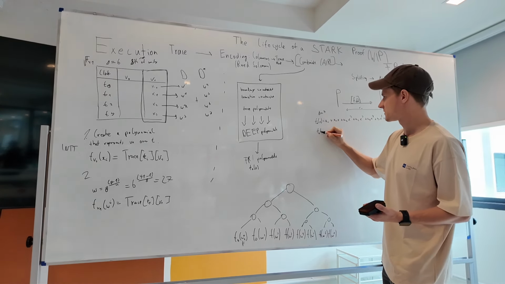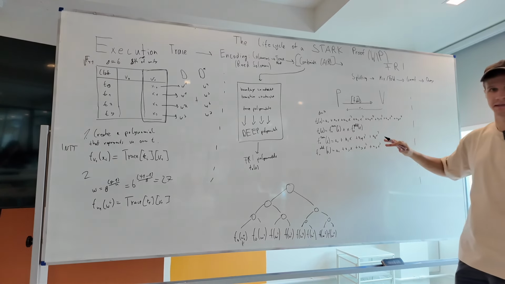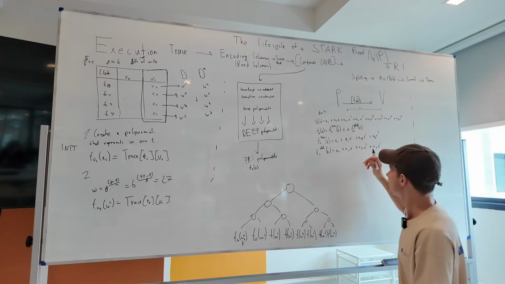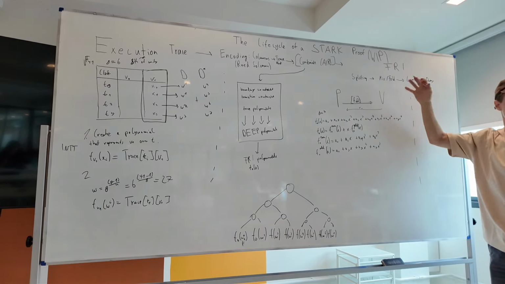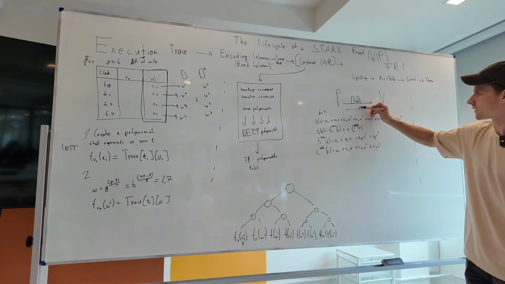So this would look like a1, a3, a5, and a7. Okay, so now we split the degrees. And now the batching, the mixing and folding, whatever we call it, we use the r1, which is just the first iteration.